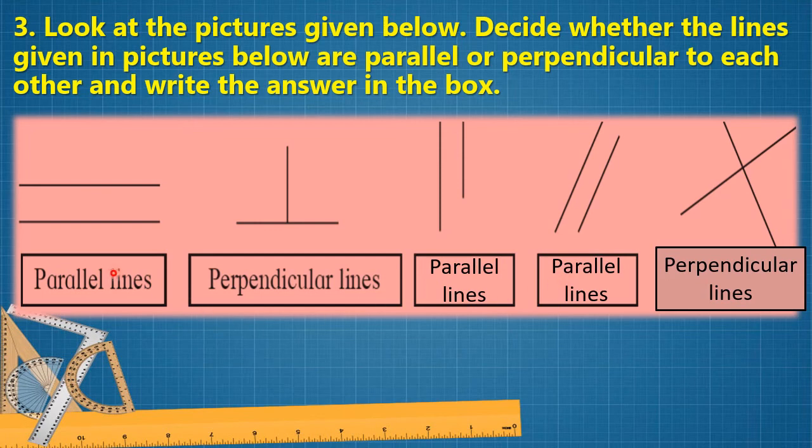Now, in the second and the last, fifth picture, you can see the two lines make an angle of 90 degrees with each other. Therefore, we can say the lines in picture 2 and the last fifth picture are perpendicular to each other.